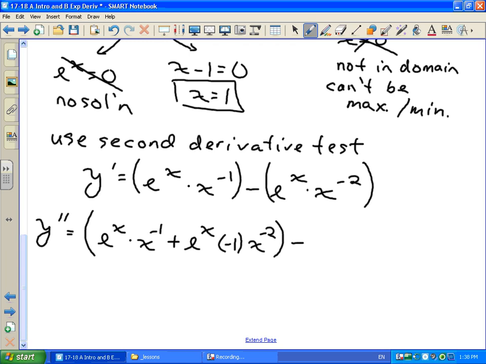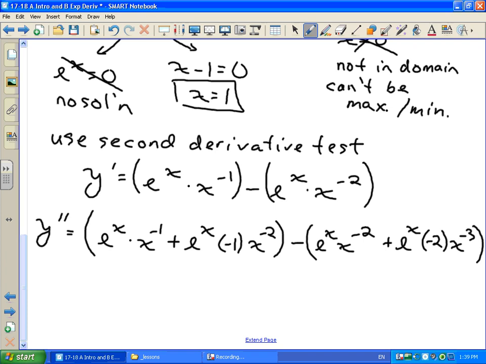From this, we are going to subtract the whole derivative of this second bracket here. Derivative of e to the x is e to the x times x to the negative 2 plus e to the x, we're going to bring down the negative 2 and multiply, and subtract 1 from our exponent, x to the negative 3. Okay?